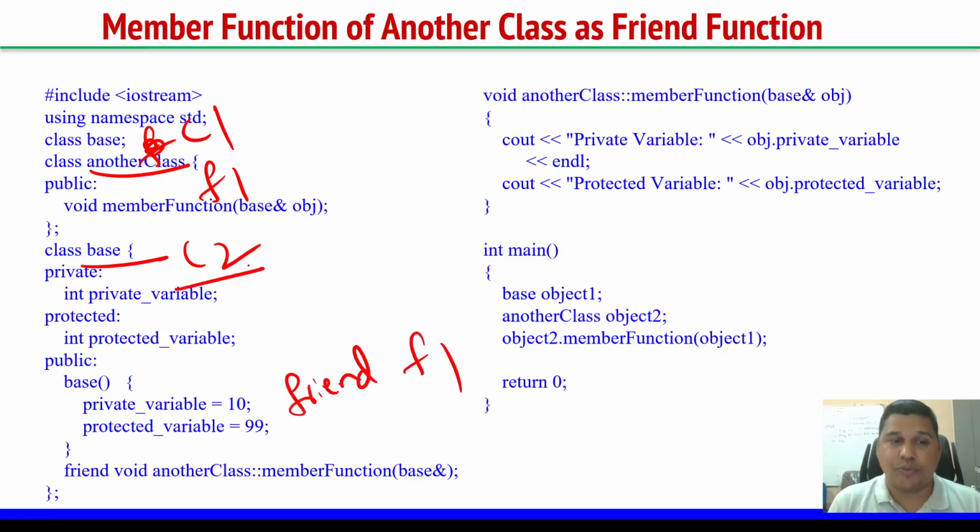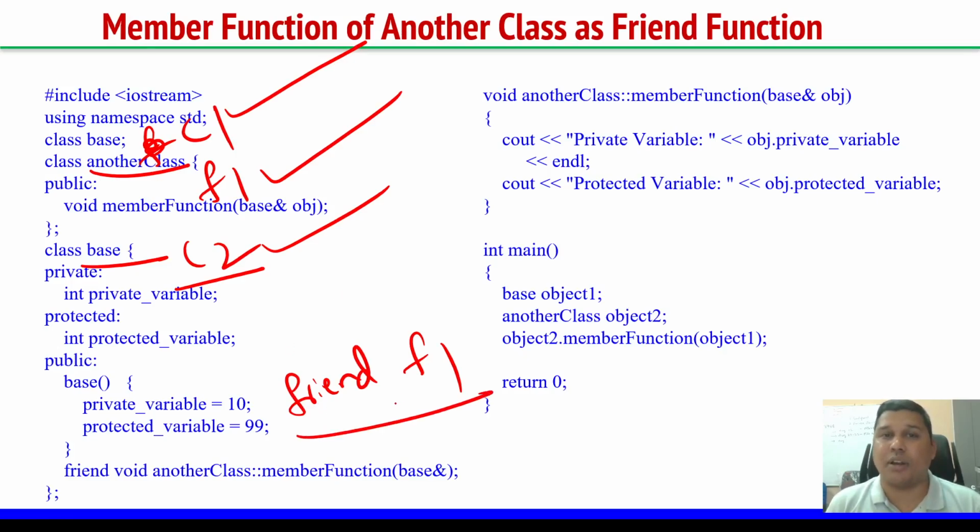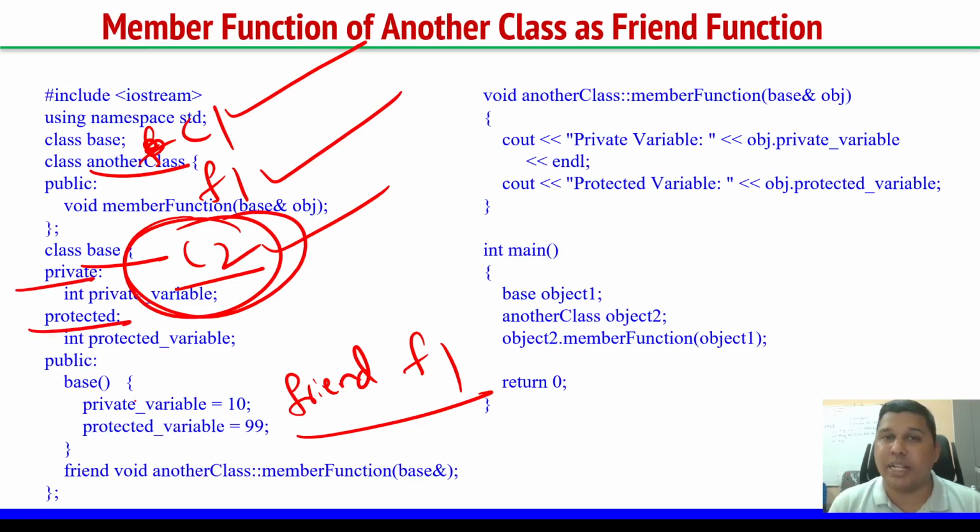In c2, you say friend f1. It means the class c2 has some private and protected variables which can be accessed by the function f1, which belongs to class c1.